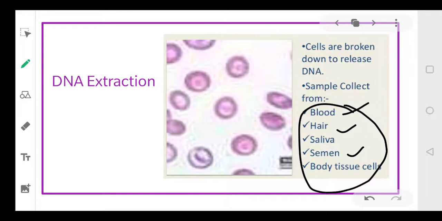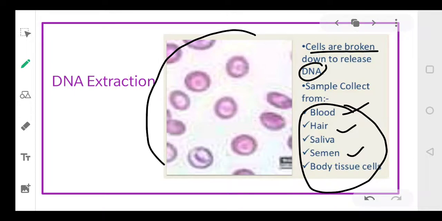Now, once we have collected the sample, the cells are broken to release the DNA. Suppose we have taken a blood sample. Blood is the easiest sample that is generally taken in the case of human beings, right?